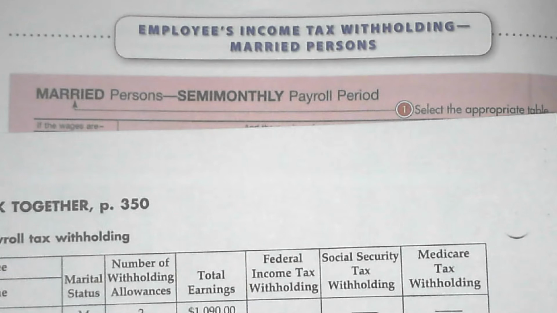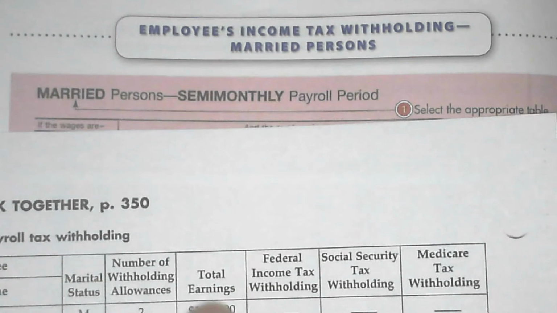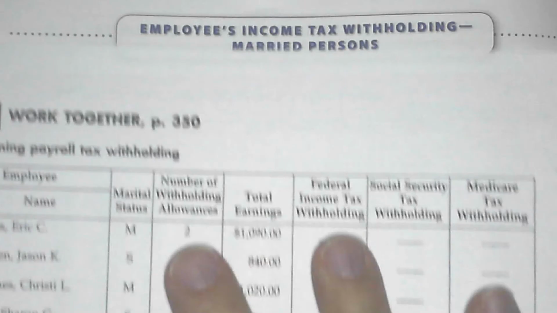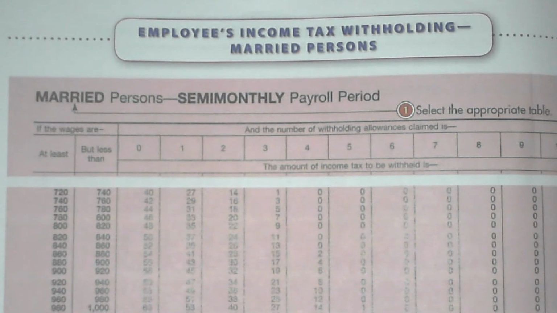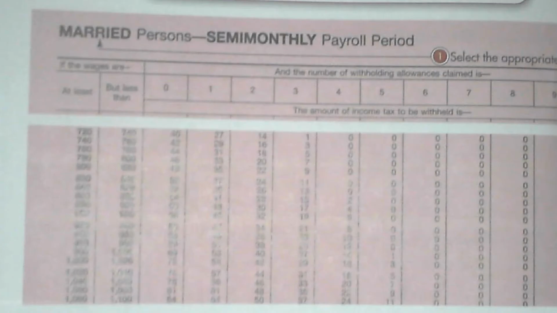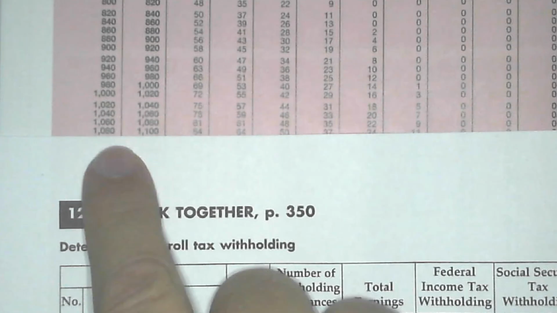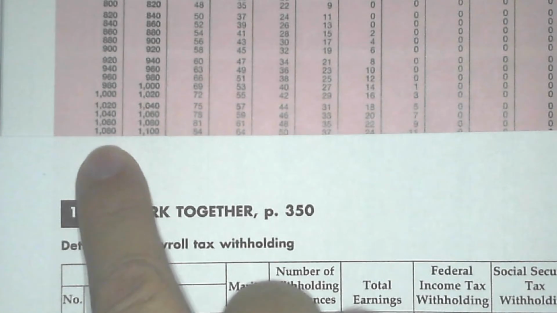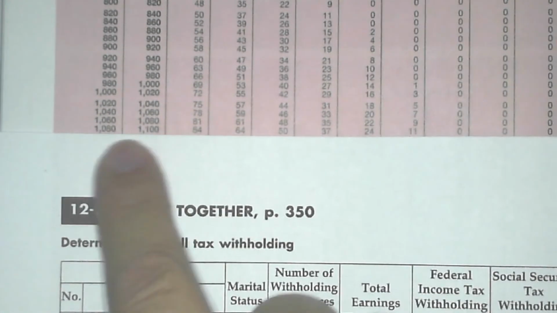So married has two allowances. Or let's see, I'll skip to earnings, 1,090. So we'll go down here, find 1,090. Okay, it's down about 2/3 of the way. Got here on the table the minimum, the at least 1,080, the maximum 1,100. So we're in that range.